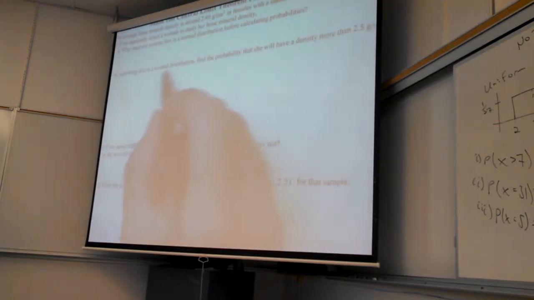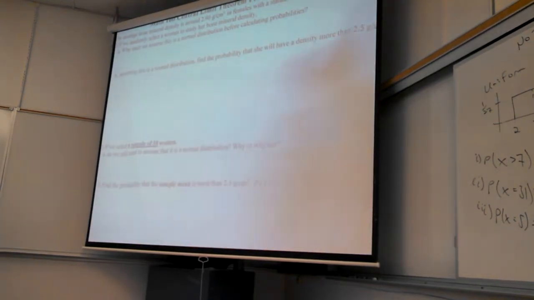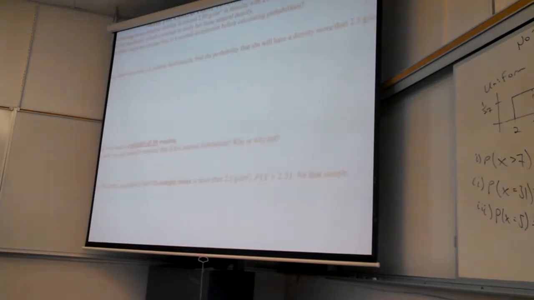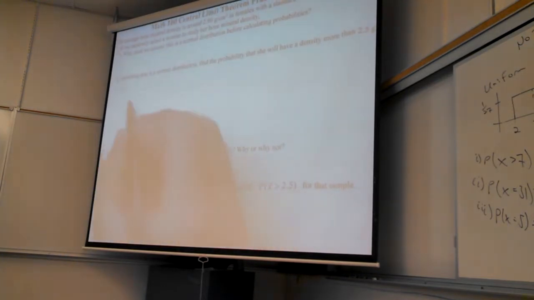If I assume this is normal, I'm telling you to do it, don't worry about why. Find the probability that this woman that we pick will have a bone density more than 2.5 grams per square centimeter. You don't have to understand any of the underlying biology. You just draw your little picture. We're assuming it's normal, so I can draw this. What goes right in the middle?